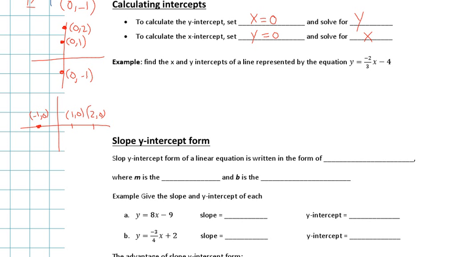All right. Now, the question is asking you to find the x and y intercept of a line represented by the equation y = -2/3x - 4. To solve for the y-intercept, what do I do? Plug in 0 for x.